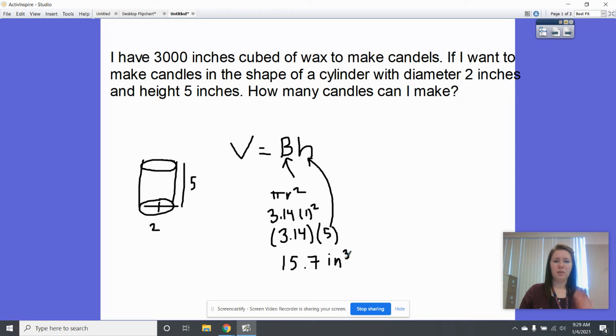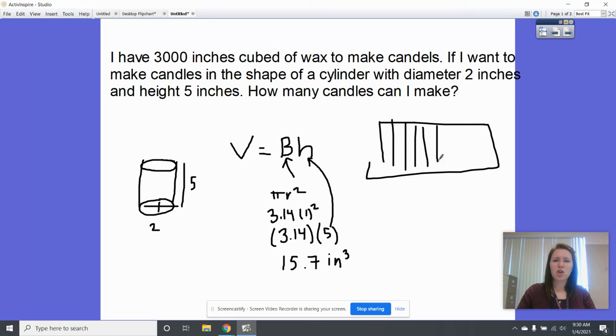That's for one candle. Well, I have a whole bunch of wax. I have 3,000 inches cubed of wax. So what I'm going to do now is take all this wax I have and split it up into chunks that are this size, 15.7. Well, the operation that is split up is divide. So I'm going to take the whole amount of wax I have, which is 3,000, and divide it by the sizes that I'm trying to split it up into.